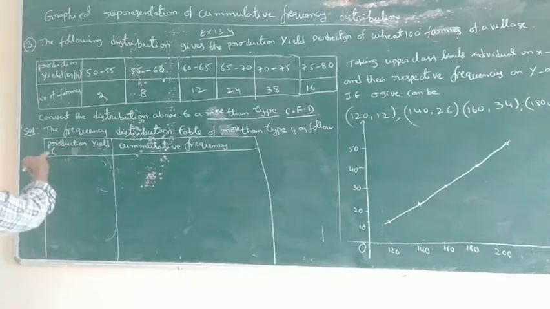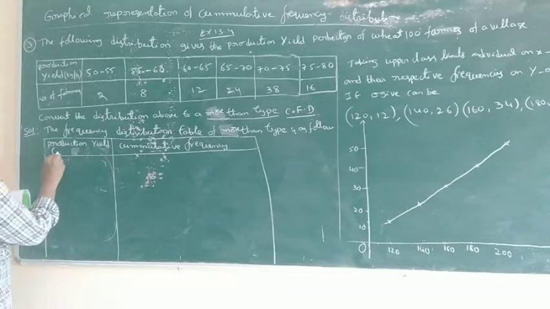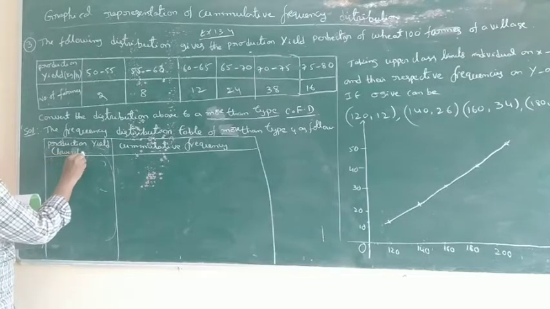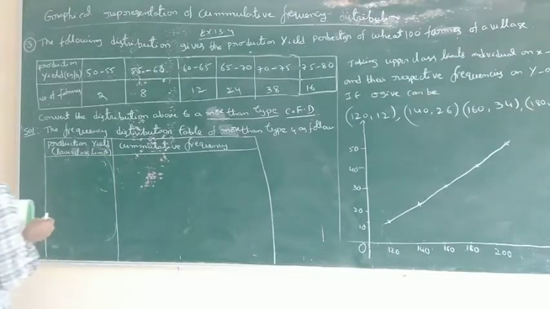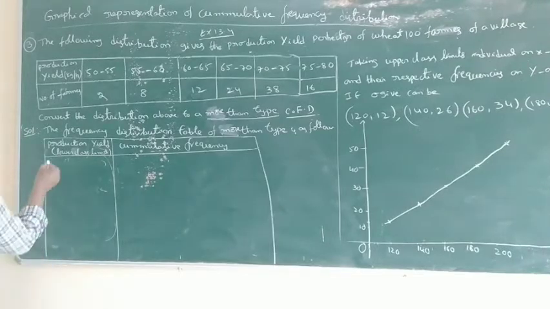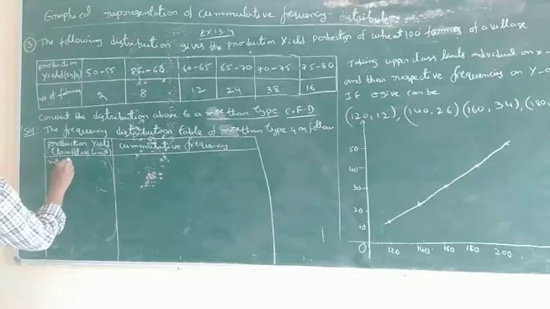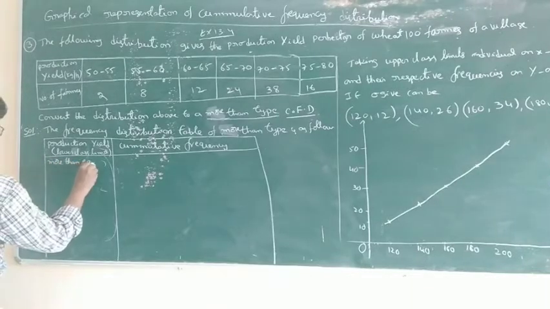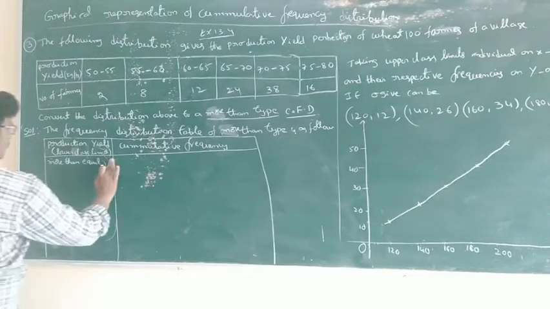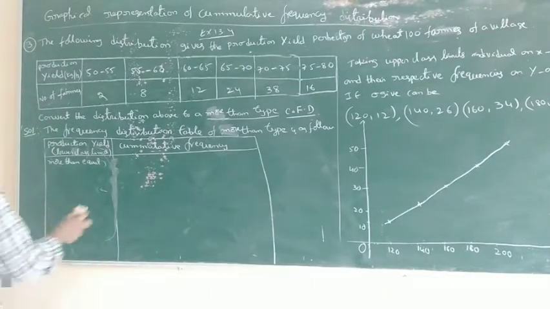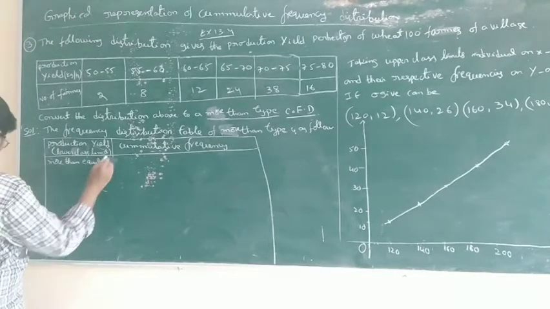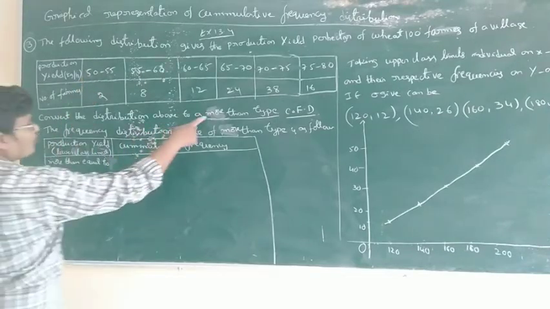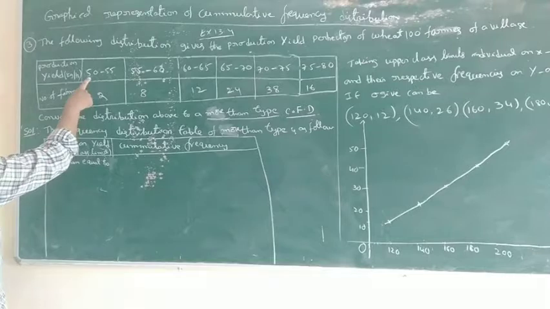This is more than type, so you have to take the lower class limit and the cumulative frequency. So more than or equal to 50. Here, more means more than 50.